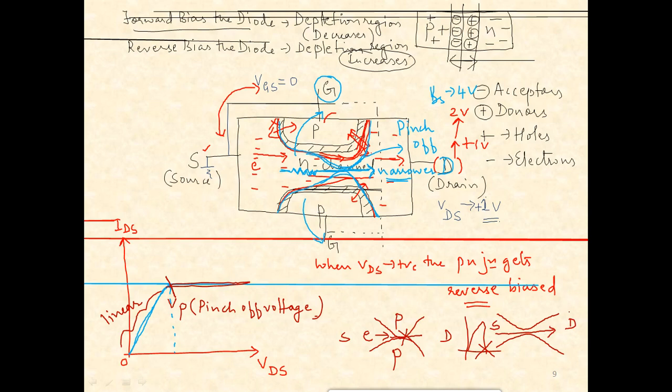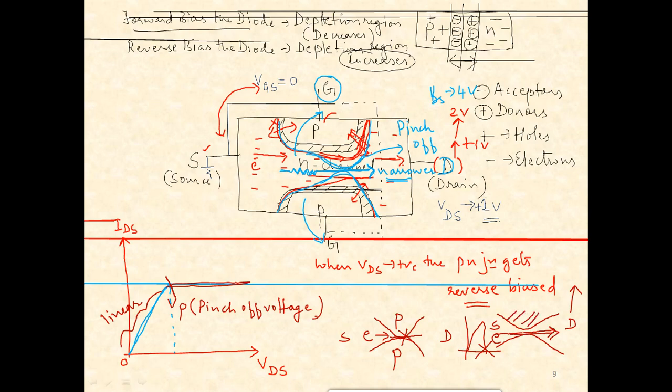Now some of you may ask, sir, what will happen if we just go on increasing the drain potential? If we just go on increasing the drain potential, the electrons which are present in the source acquire more and more kinetic energy, so that they just move from source to drain with an extremely high kinetic energy.